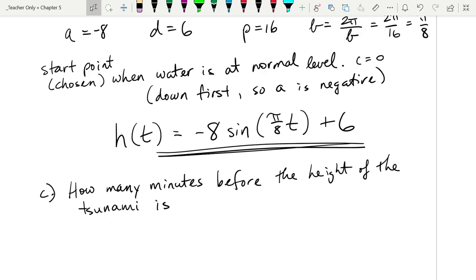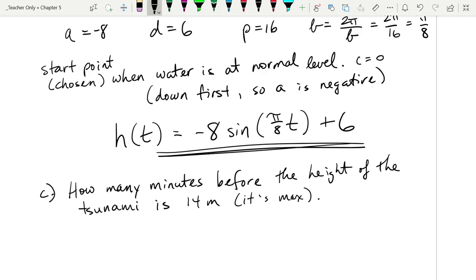Um, 30, no, wait a minute, it doesn't go that high. What is the absolute maximum we said? 14. Okay, let's just say 14 meters. It's max. There we go.